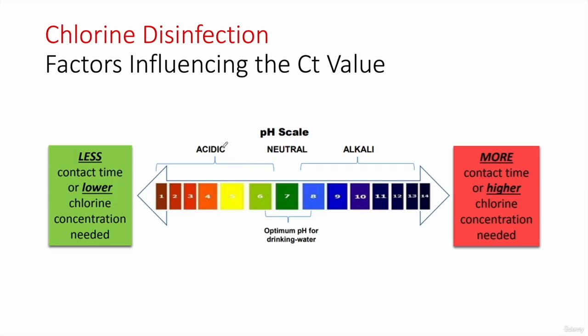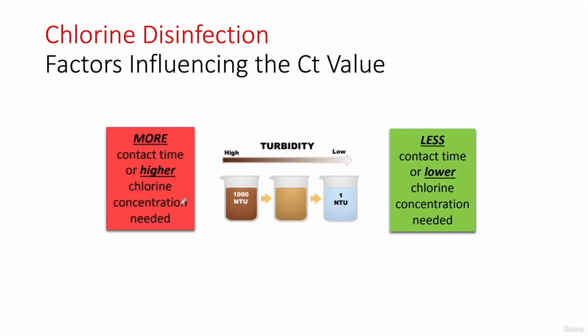While if my water is slightly acidic to neutral, so this is the optimum pH, as I have already seen, 6.5 to 7, the less contact time or lower chlorine concentration will be needed. So smaller CT value, thus smaller contact tank and less chlorine concentration.